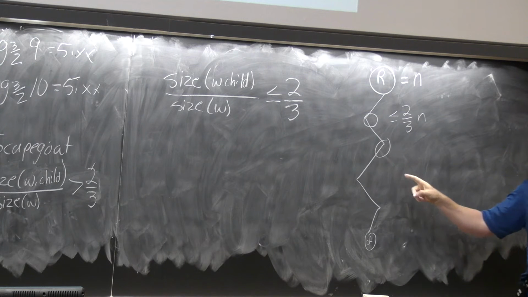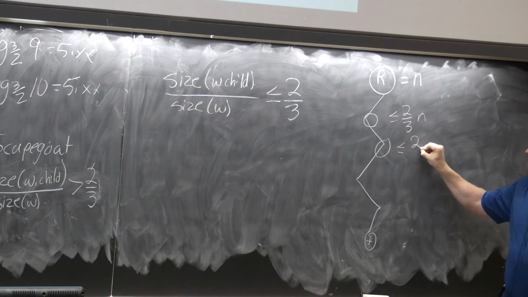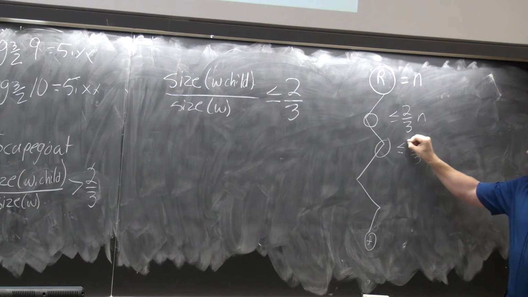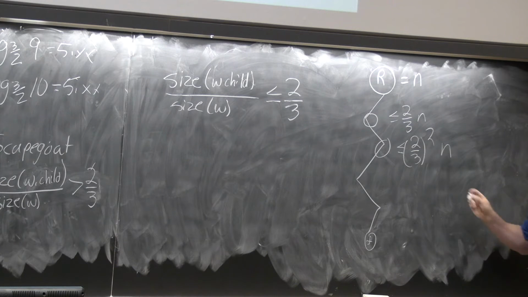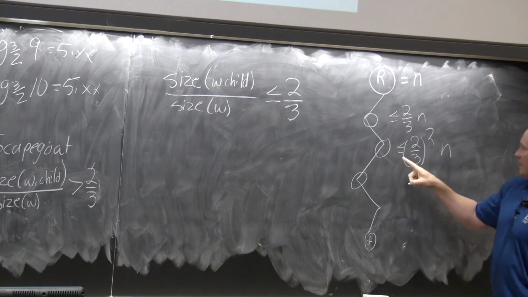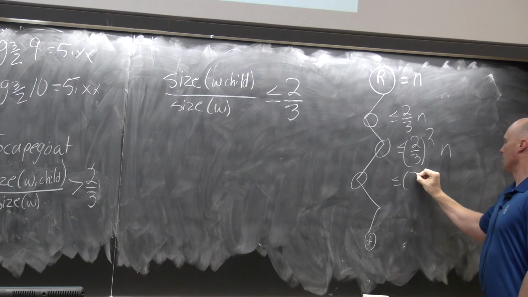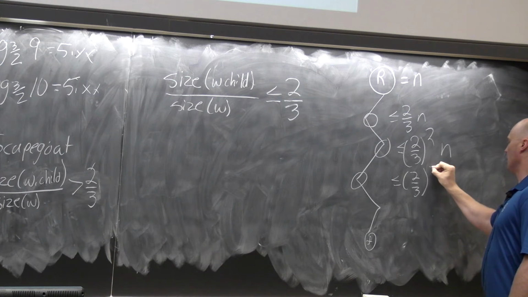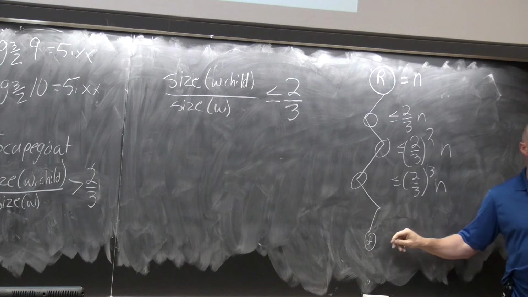Now this guy is at most 2/3 of this guy, which means that he's at most 2/3 squared of n. This guy is again at most 2/3 of this guy. So that means he's at most 2/3 cubed of n, and all the way down to x, which we know is size 1.